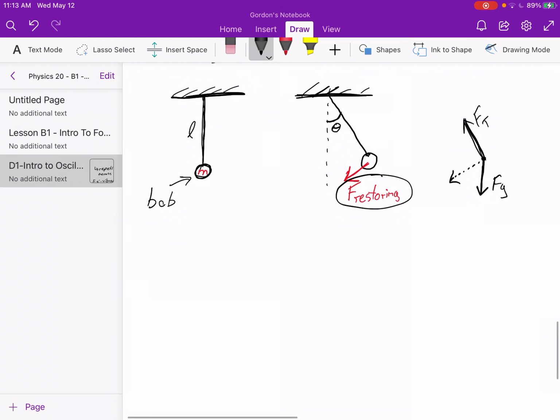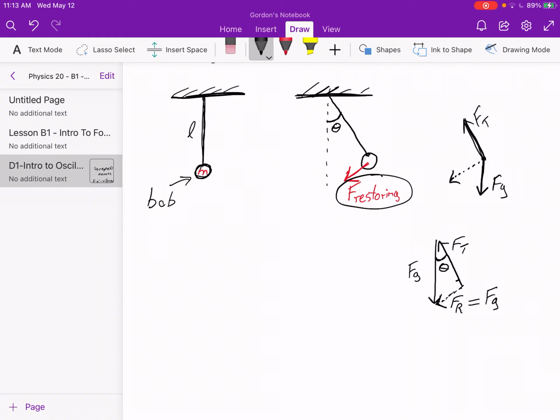And if we kind of redraw our forces here, we can kind of work this out. And we can say, okay, well, we've got the force of gravity is pulling it down. We've got force of tension is acting perpendicular to this restoring force. So really, we can think about this restoring force is really sort of equal to the force of gravity.